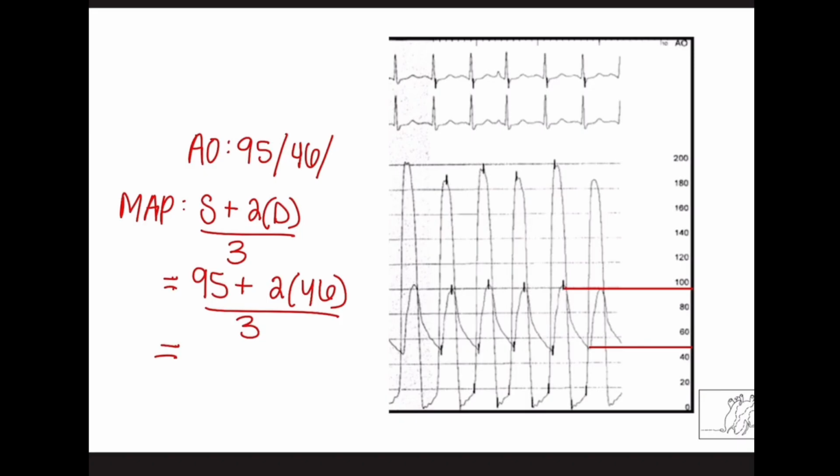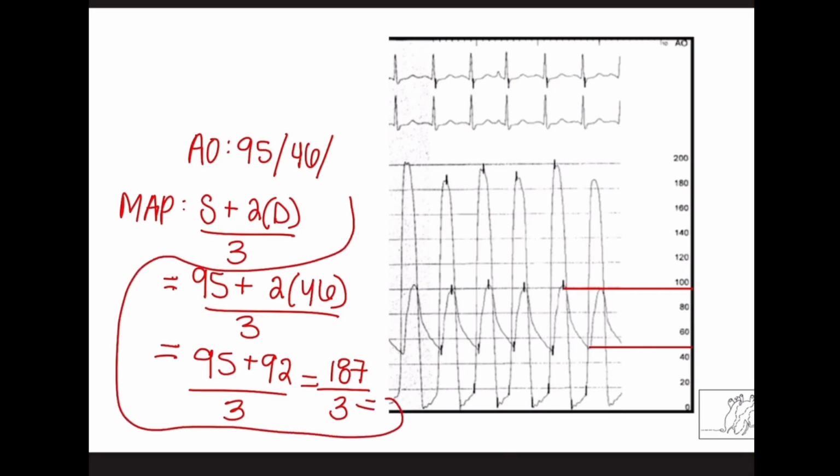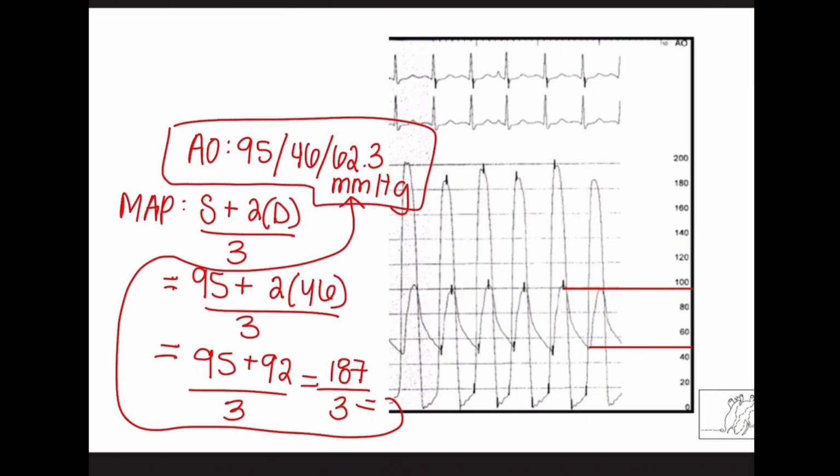So that is 95 plus 92 over 3, which is 187 divided by 3, which is 62.33333. So we'll say 62.3 millimeters of mercury for your MAP, your mean arterial pressure. All right, I hope that helps.